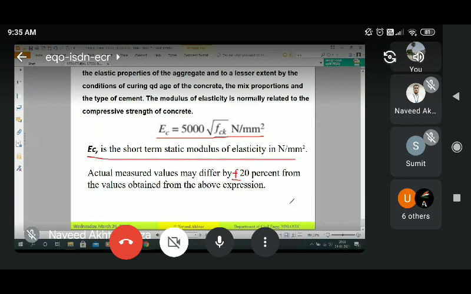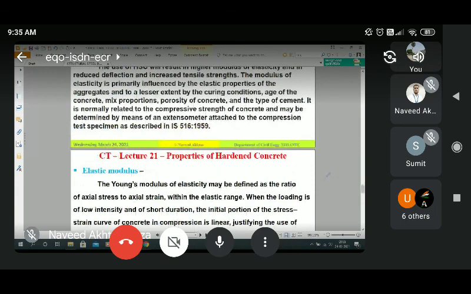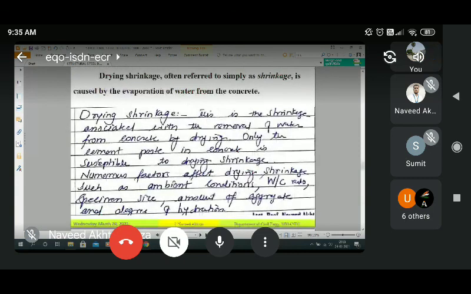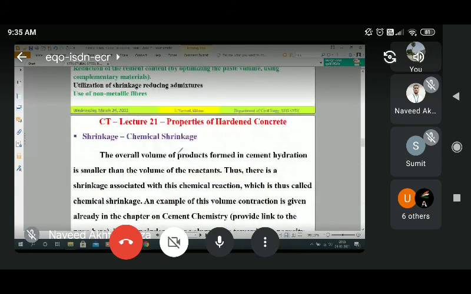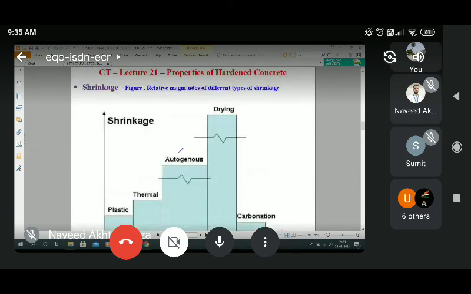So today we learned two things in hardened properties of concrete. The first one is shrinkage in concrete, and the second one is the modulus of elasticity of concrete. These two properties of hardened concrete are very important and regularly asked in the examination.